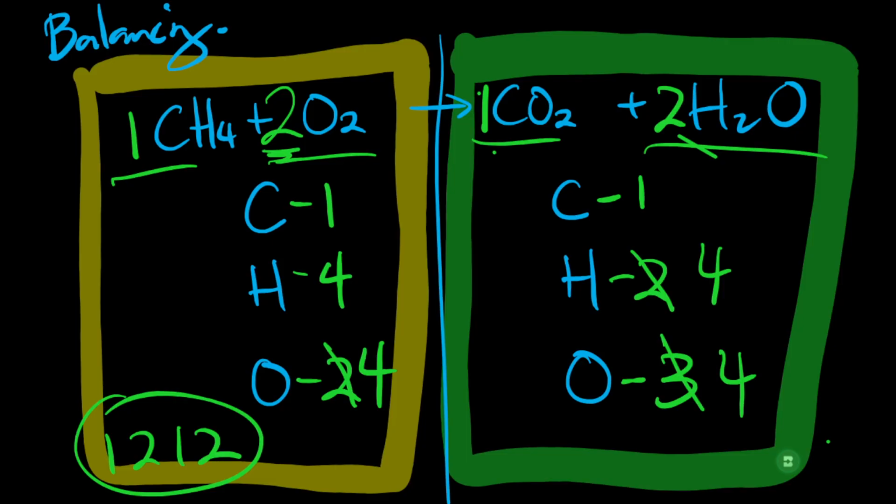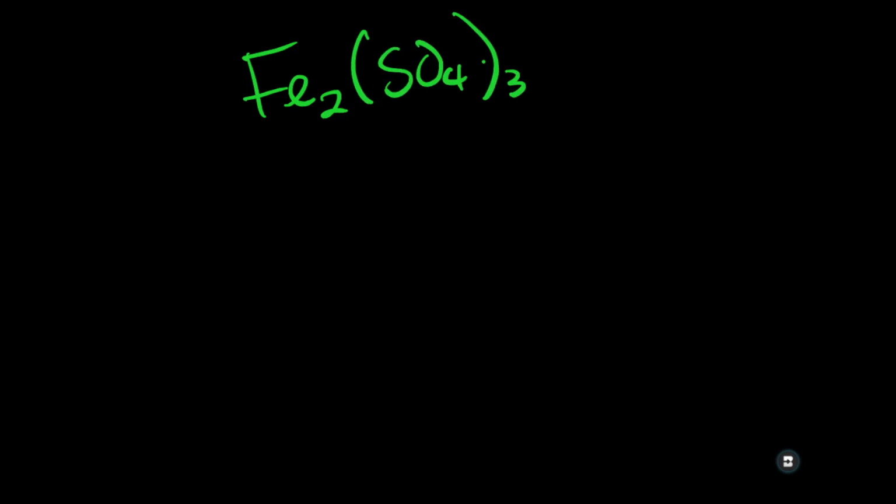Also, when you're counting something, for example, like Fe2(SO4)3, this 3 only applies to whatever is inside the parentheses, okay? And this 4 and 2 only apply to whatever is right before them. So this 4 is only after O, so you only care about the oxygen.